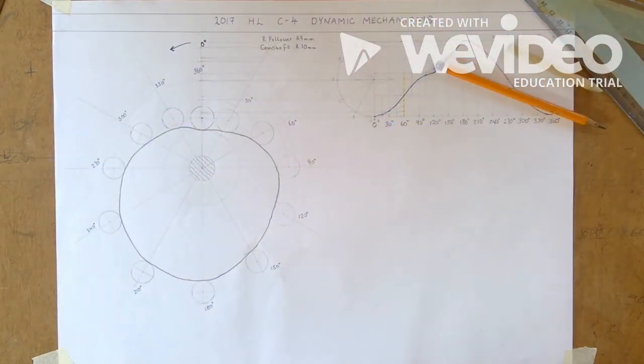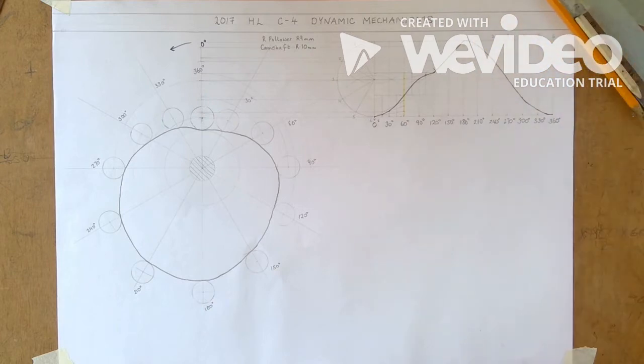Okay, so that's your displacement diagram, and then your cam for an inline roller follower.